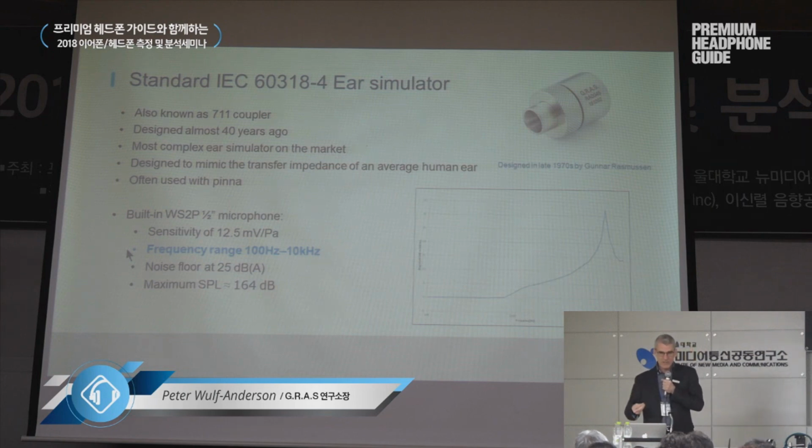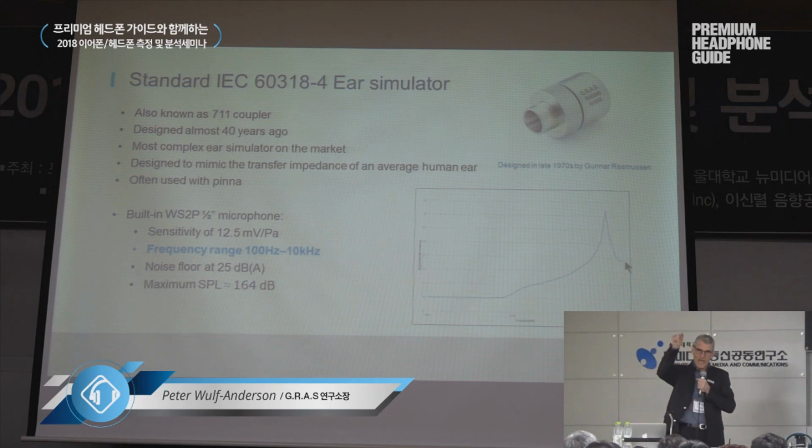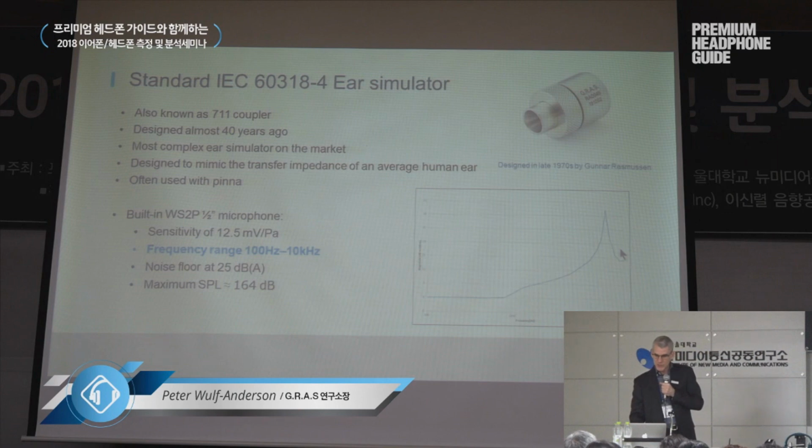And after 10 kilohertz, it's fairly undefined. And what we are looking at above 10 kilohertz is actually a very high resonance, high peak here. And trying to do measurements when you have these very sharp edges here is very difficult, because just changing a little bit in frequency changes the dB levels a lot.